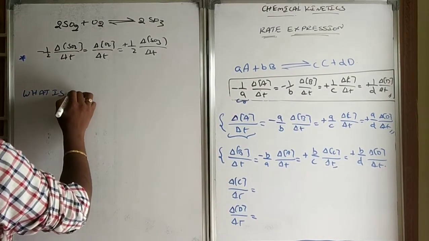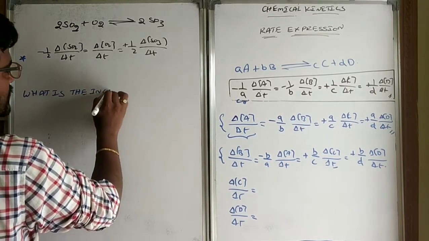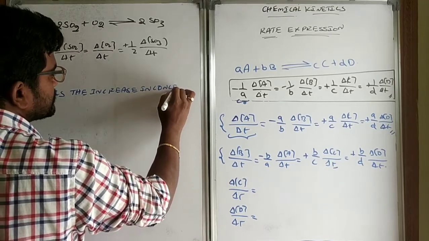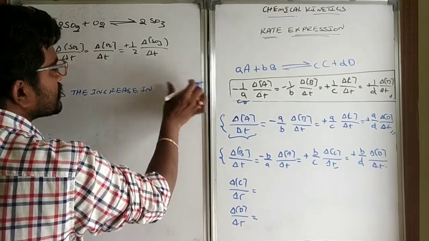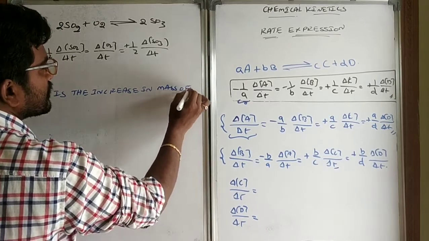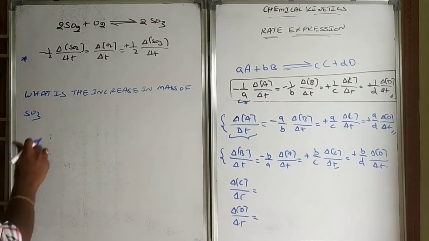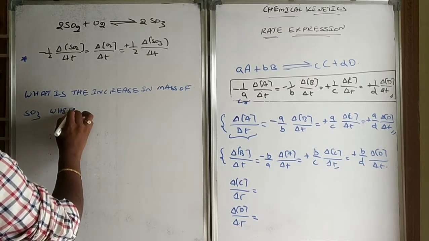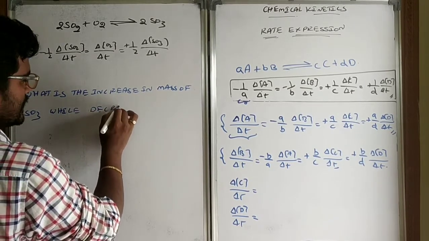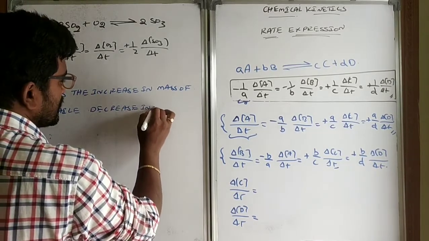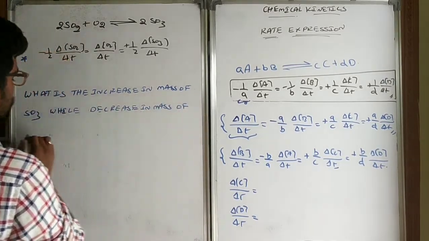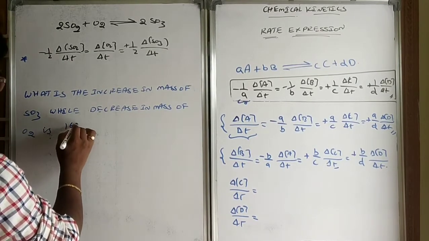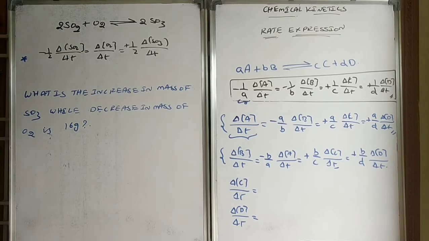What is the increase in mass of SO3 while the decrease in mass of O2 is 16 grams?